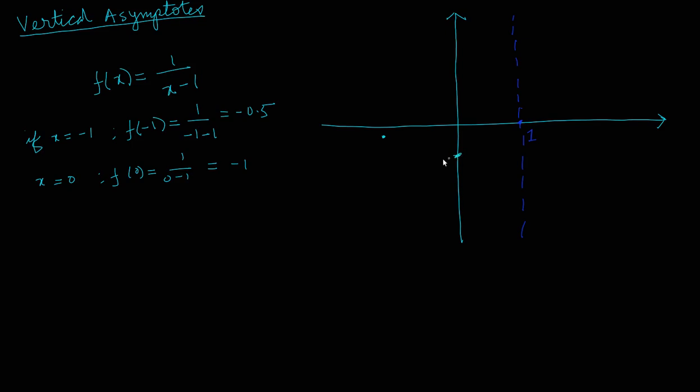Okay, so if x is equal to, let's say, 0.9, what do I get? Function of 0.9 equals 1 over 0.9 minus 1, which is 1 over negative 0.1, which is negative 10. So negative 10 is somewhere here.